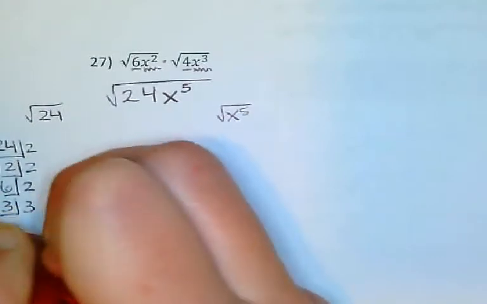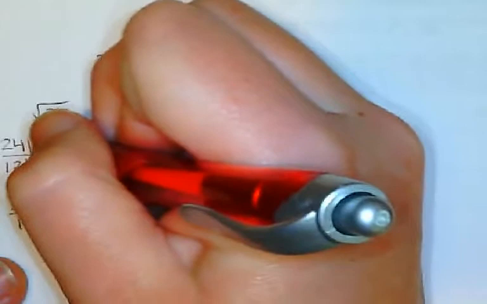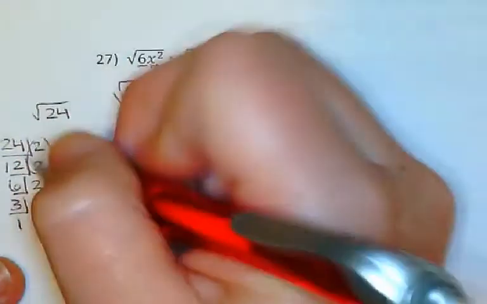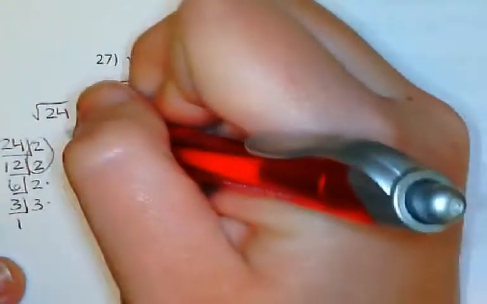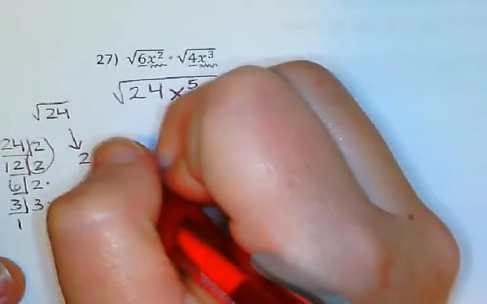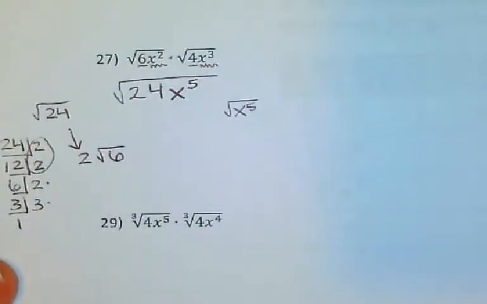And 3 goes into 3 once. Alright, so now what we can do is circle those perfect pairs. I just have one pair of 2's and then a 2 and a 3 left over. So this square root of 24 is really going to be 2 radical 6, because the 2 and 3 get multiplied back together.